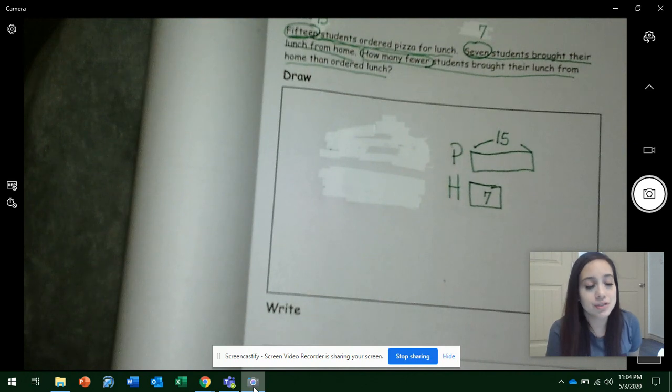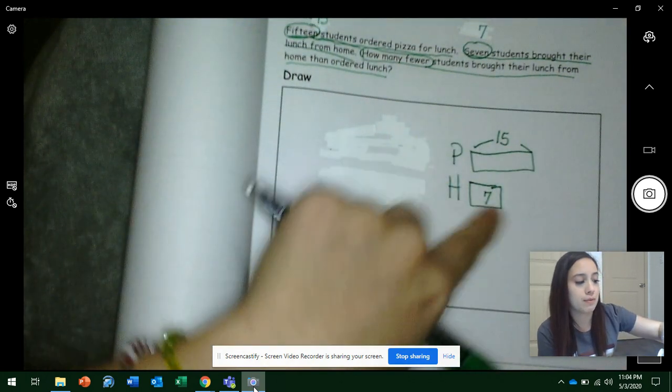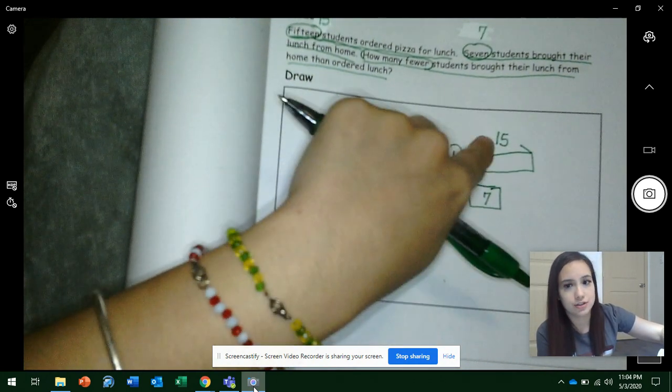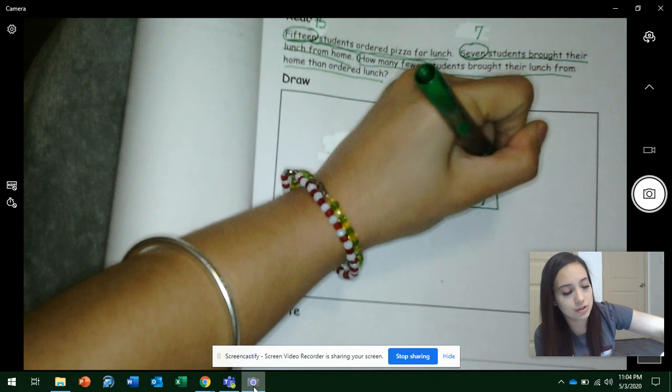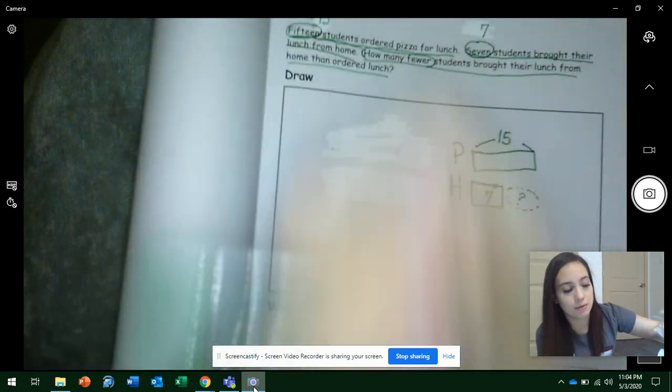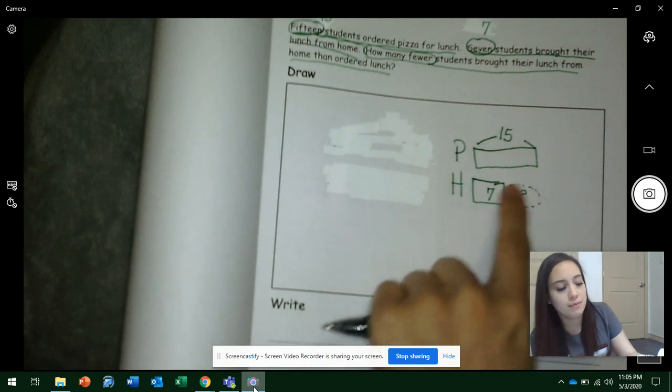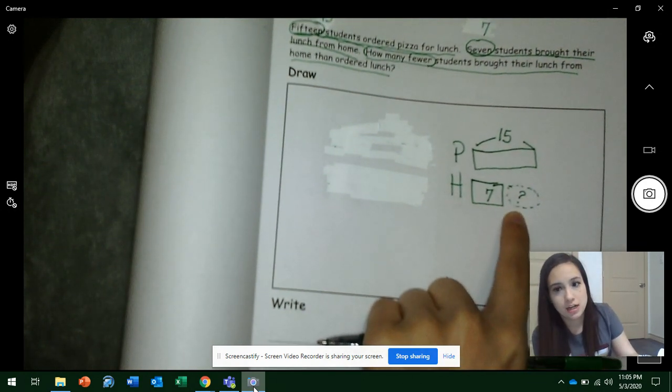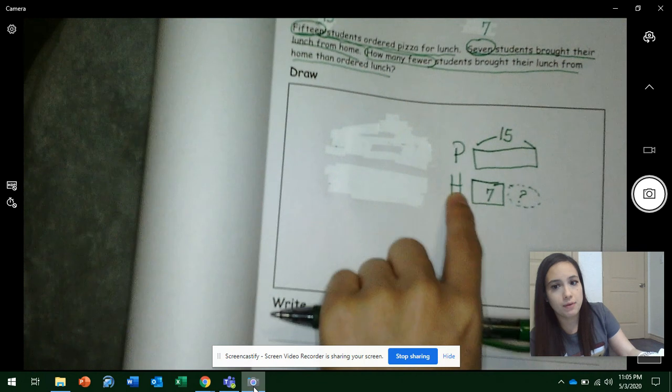So we have 7 students, and the question wants us to compare how many fewer students brought their lunch from home than ordered lunch. So in other words, you can draw a dotted circle because this is the missing part we want to find out. We want to know how many fewer students. So we have a total and we have a part.